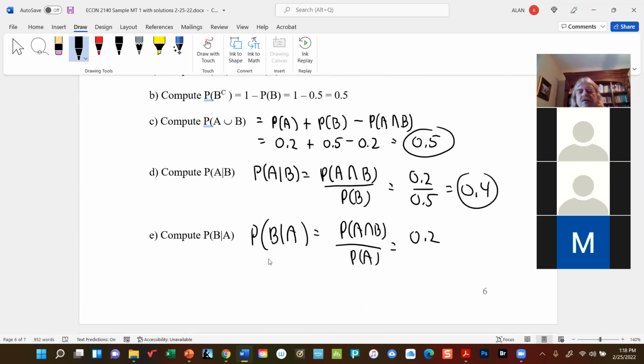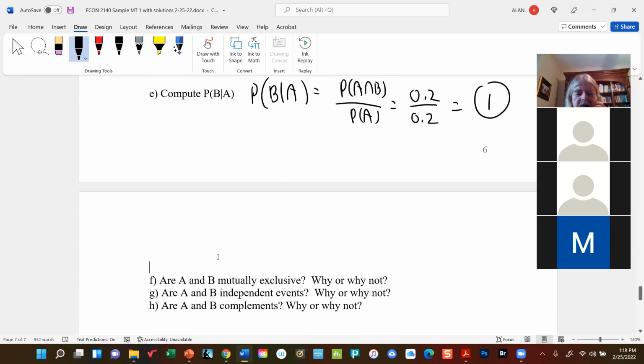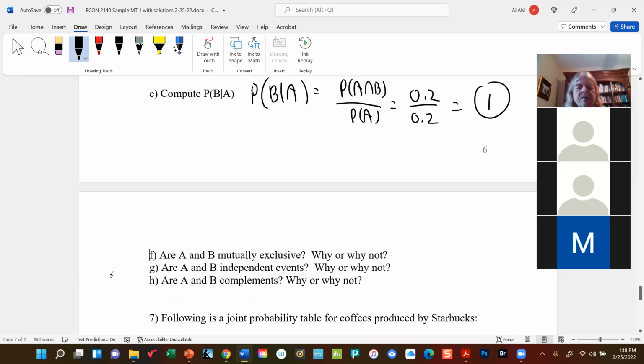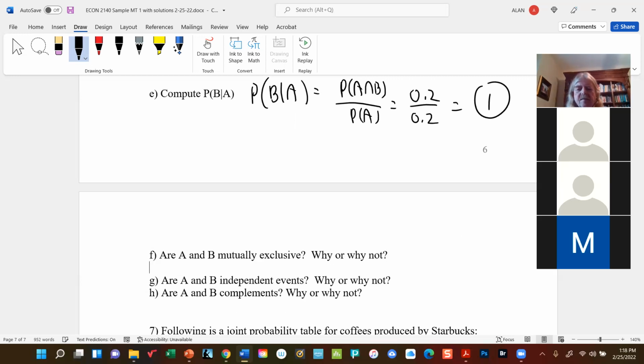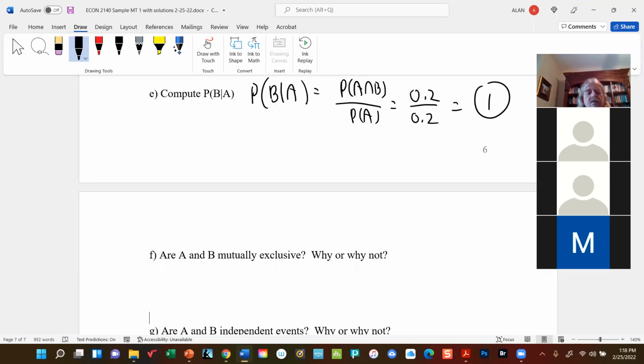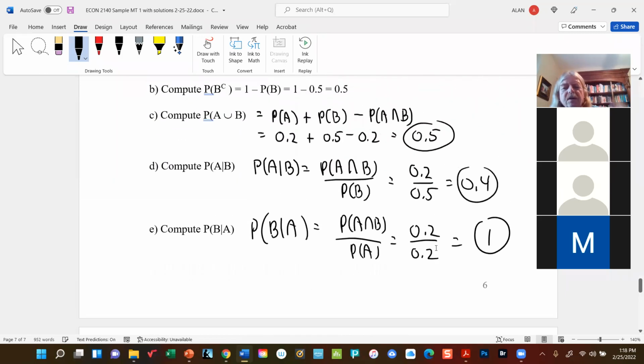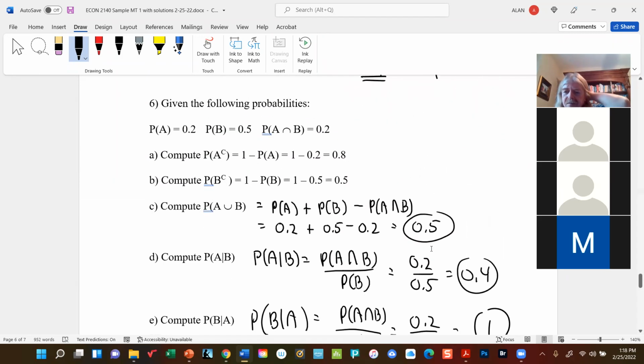All right, well, that obviously gives us 1. All right. And now we have the conceptual questions. Are A and B mutually exclusive? Well, the answer is no, because the probability of A and B is not 0. All right, remember up here, it showed us that that was equal to 0.2.